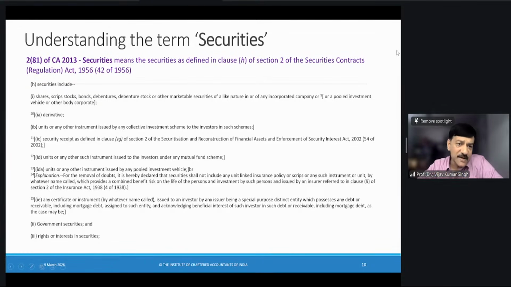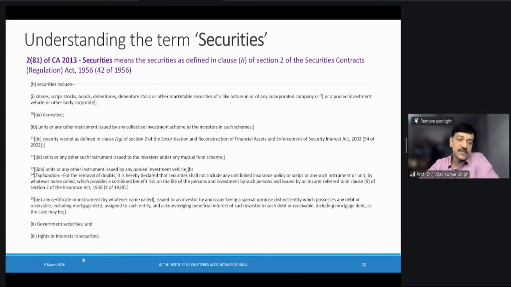I will not go into much detail of explanation; I hope you have briefly understood what a derivative is. Then units or any other instrument used by a collective investment scheme, CIS, to the investors in such a scheme. This is also a type of security. A collective investment scheme has been defined under the SEBI regulations and is regulated by SEBI.